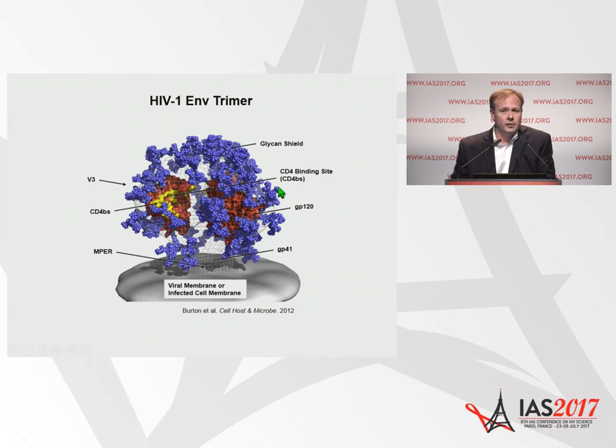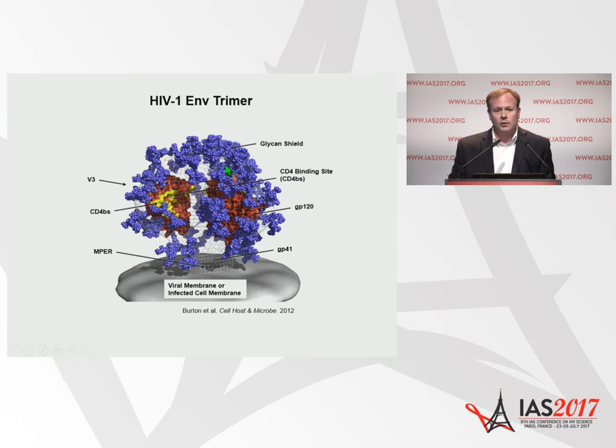Surfaces of envelope that must be conserved for functional reasons to mediate entry, the CD4 binding site and the co-receptor binding site, are concealed by conformational mechanisms. So the CD4 binding site is a deeply recessed pocket that is inaccessible to most antibodies, and the co-receptor binding site isn't even formed prior to CD4 engagement.